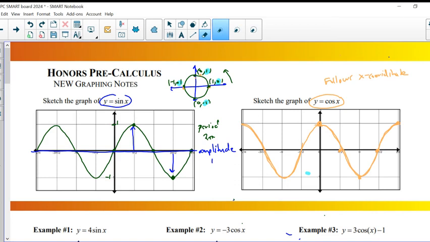Okay, so we need to know those basic shapes, but also realize that sine and cosine are identical in wavelength, because notice I can identify a sine wave right here within the cosine graph. Look at that. It's a sine wave. And there's a reason, because of exactly what we're studying right now, cofunctions.